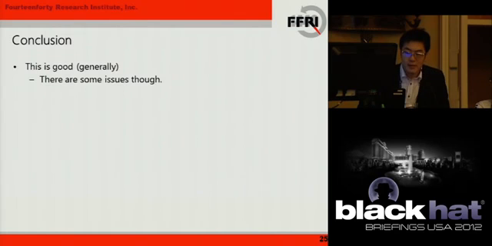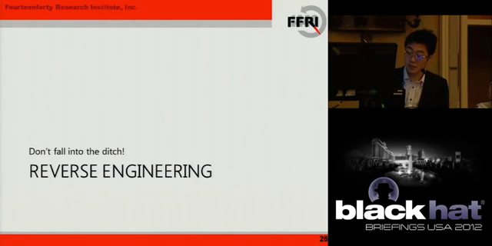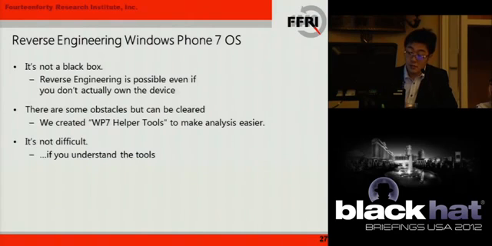Unfortunately, Windows Phone 7 details are undocumented, and it seems a black box, but it's not. It's not a black box, and we can use reverse engineering techniques for Windows CE. Also, it seems you can reverse Windows Phone 7 even if you don't own the device. Of course, there are some obstacles for reverse engineering, but they can be cleared easily.